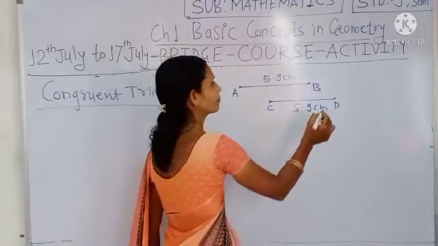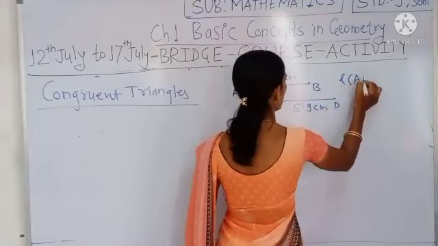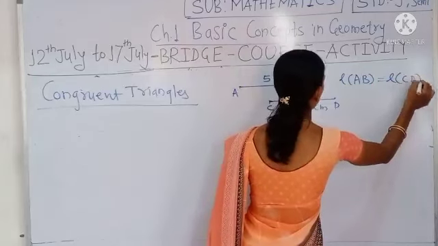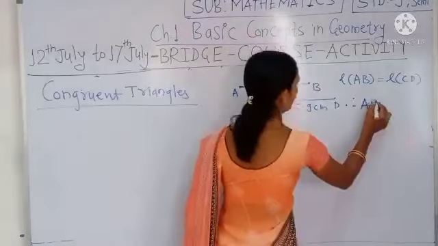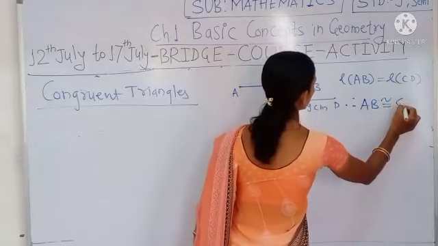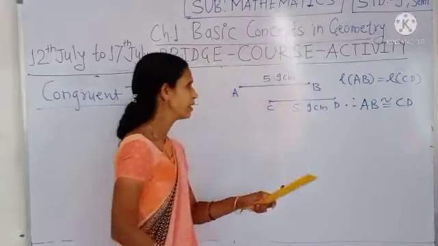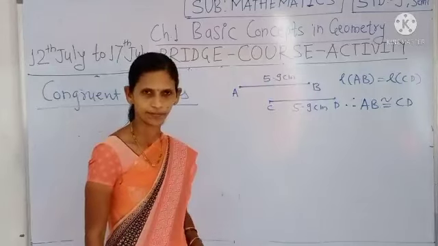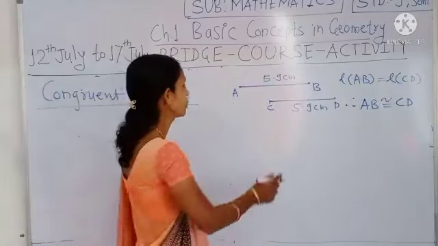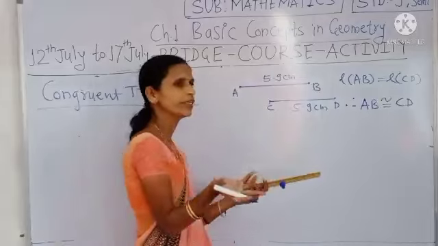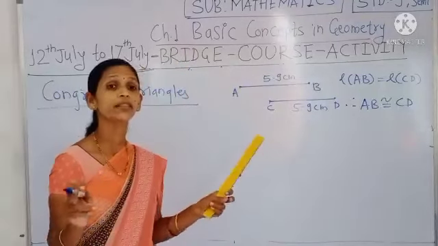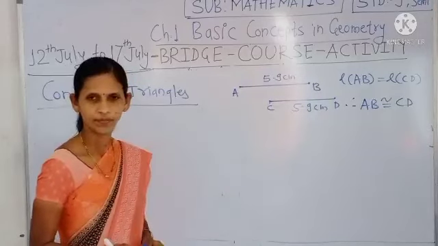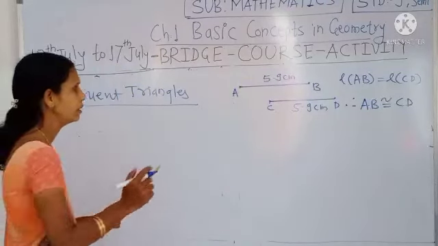Then the length of AB is equal to the length of CD. That means AB is congruent to CD. Those segments are congruent. And if two different segments are congruent, then the lengths of those segments are same or equal.